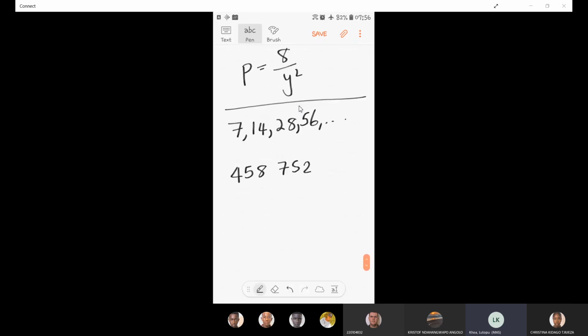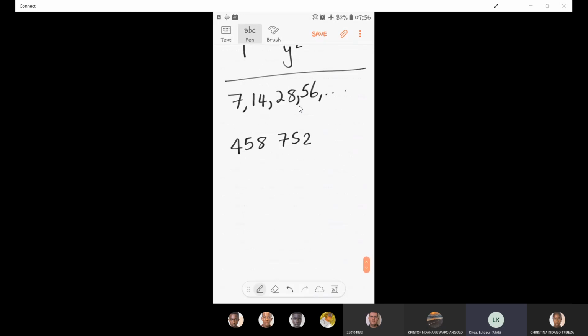Now to work this out, we've done questions like this before. We write the nth term. So we know that an is a, which is 7. We can see it. And then r is 14 divided by 7.